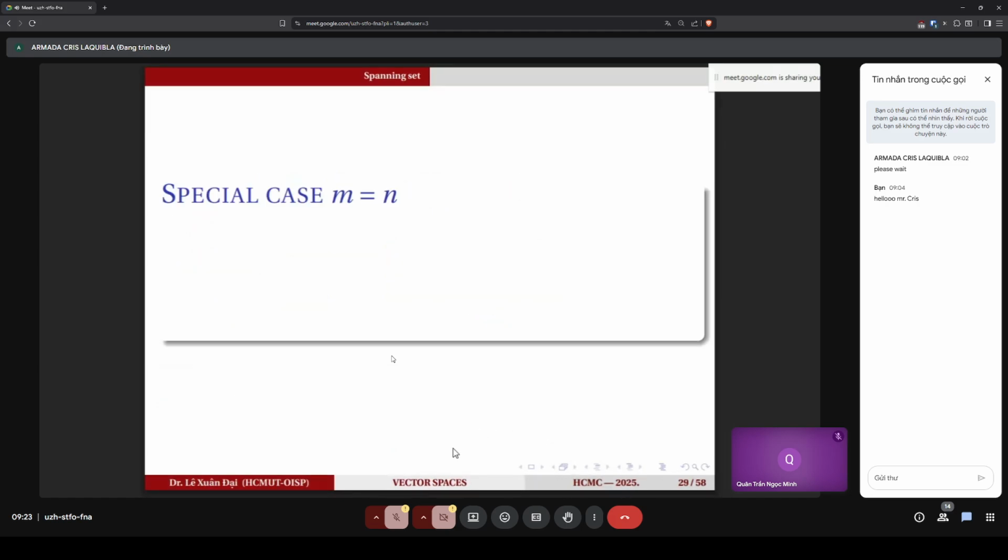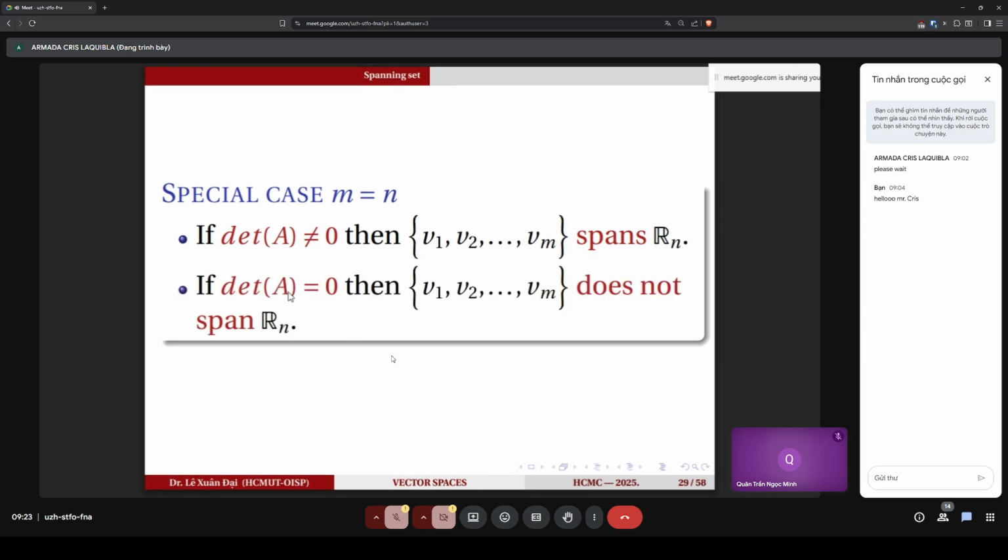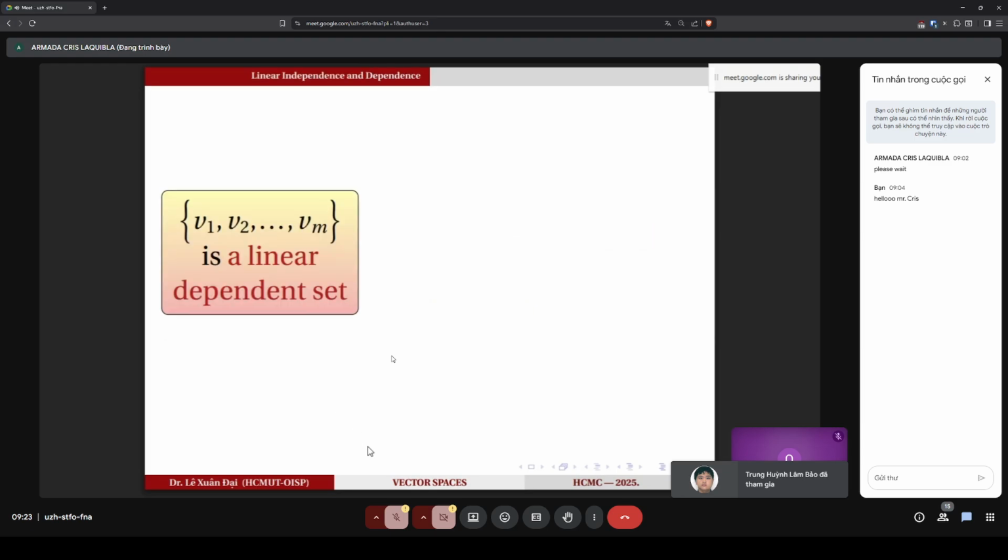Next, special case class. If you have a square matrix, m is equal to n. As I have told you, do not use rank here. We use determinants here. Okay? If the determinant is not equal to 0, then it will span Rn. If the determinant is 0, then the set of vectors does not span Rn.